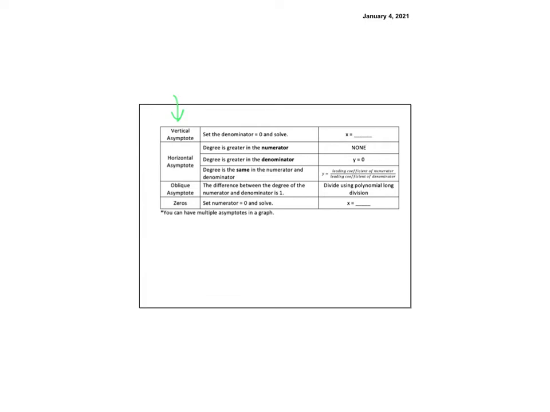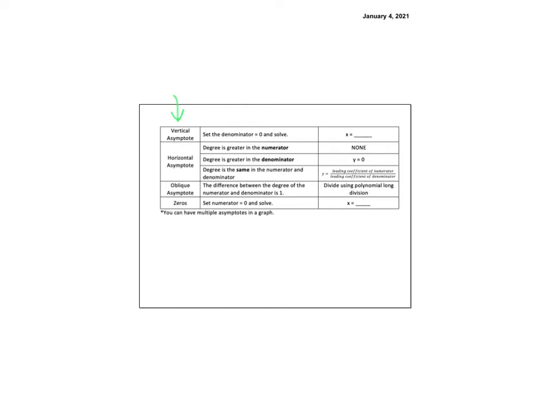The oblique asymptote is when we have a difference between the degree of the numerator and the denominator. So if we take the degree of the numerator minus the degree of the denominator, and that's 1, we're going to find the equation of that oblique asymptote by using polynomial long division, like I just showed you. And then lastly, we're going to look at the zeros in the function and how we're going to solve for those. And remember, the zeros are where we cross the x-axis.